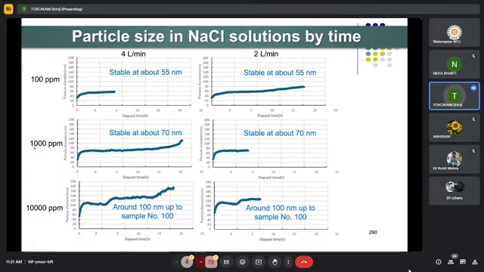In the case of 1000 ppm, particle size became stable at 70 nanometers. And in the case of 10,000 ppm, this is not so stable compared to a lower concentration.